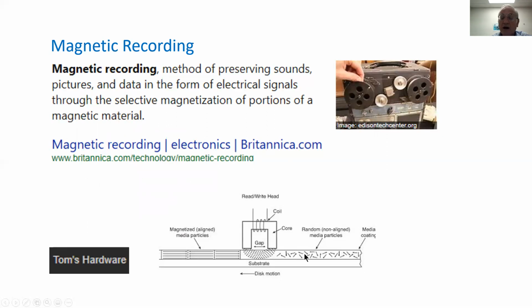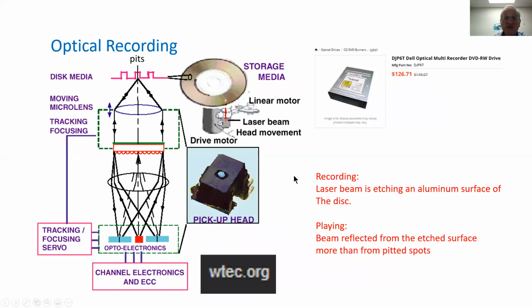Then we align the magnetic media particles in a certain direction, and they will be aligned in the other direction when we charge it in a different direction. This is magnetized and memorized, and when we play it, we get the signal back at the read head and can translate that to digital signals.